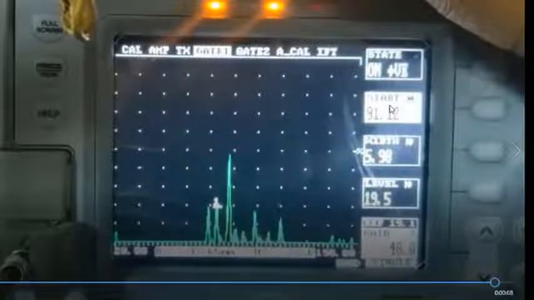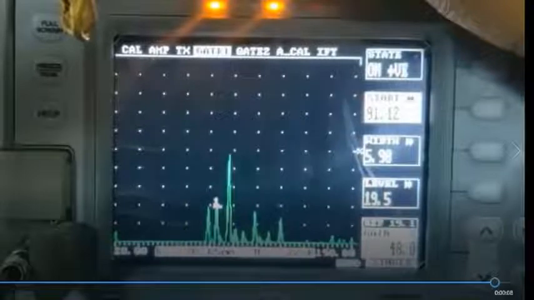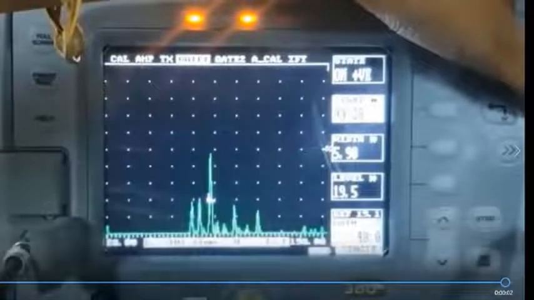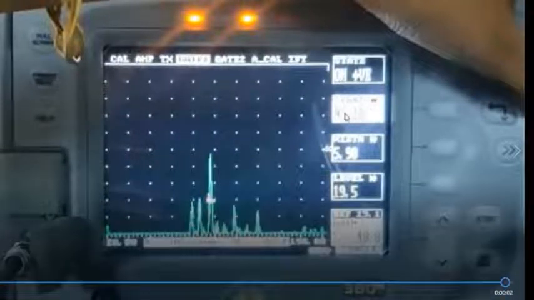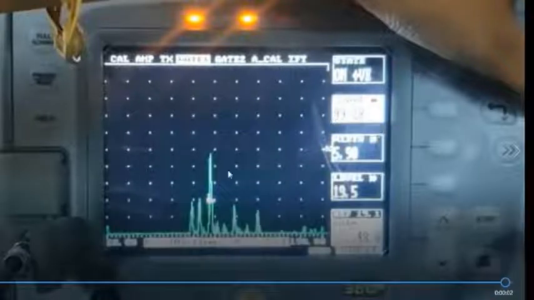So we have 2 distinct echoes coming out from this notch, and then see the next one also, which is the entire height of the block, which is 100 mm, that you could see over here. So 3 closely spaced reflectors in terms of this notch and the thickness of the block are giving you 3 distinct peaks, right?